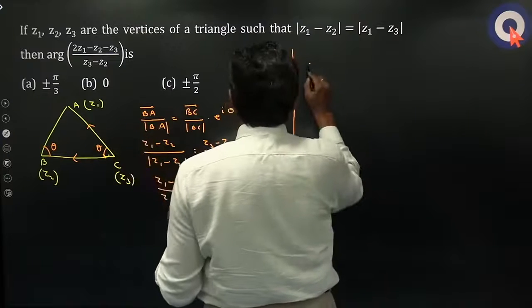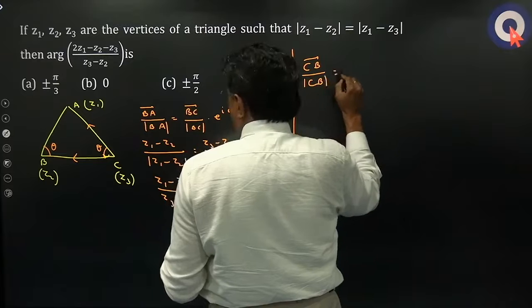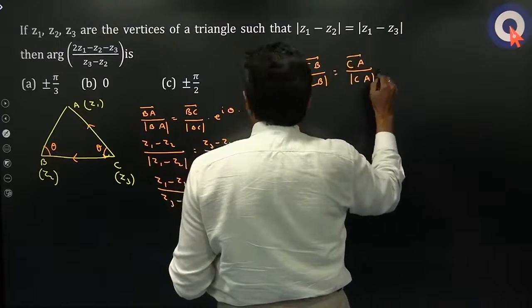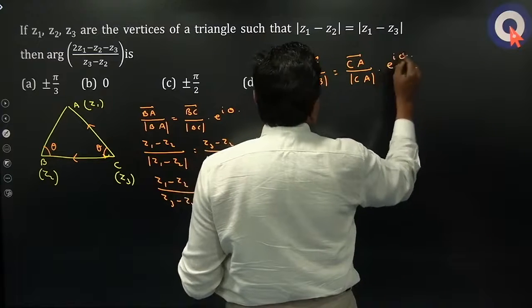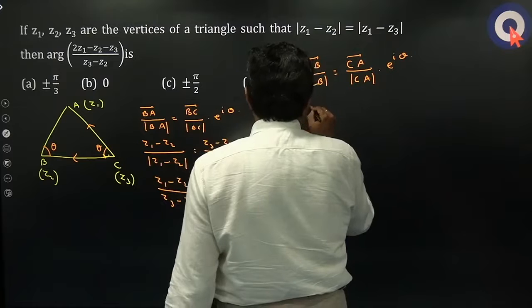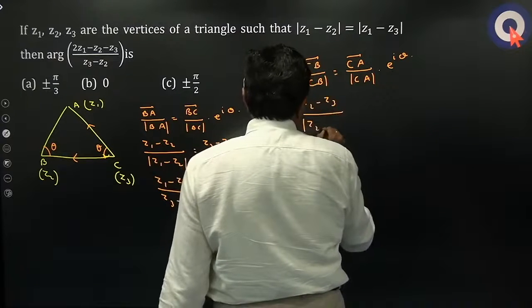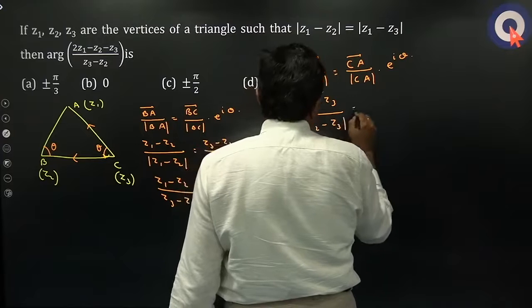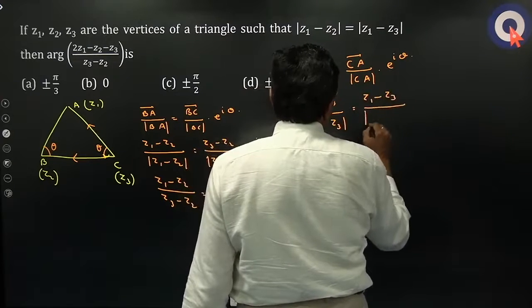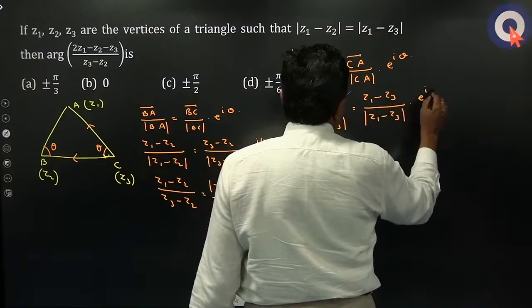So CB by mod CB is equal to CA by mod CA into e power I theta. Direction is anticlockwise sense. So this becomes Z2 minus Z3 by mod Z2 minus Z3 is equal to Z1 minus Z3 by mod Z1 minus Z3 into e power I theta.